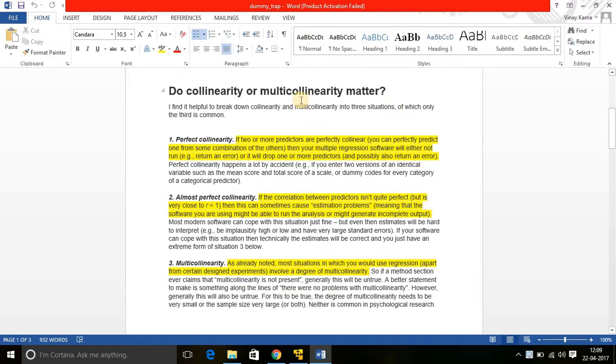And why does it matter? Perfect collinearity, like in male and female, is when one variable can be predicted by the other, so we need not create an extra dummy variable. We don't create a variable for female separately and male separately. That is to avoid perfect collinearity, where one variable can be perfectly described by the absence of the other. Then there is almost perfect collinearity. Generally it doesn't happen, but sometimes one variable is very closely describable by the other.